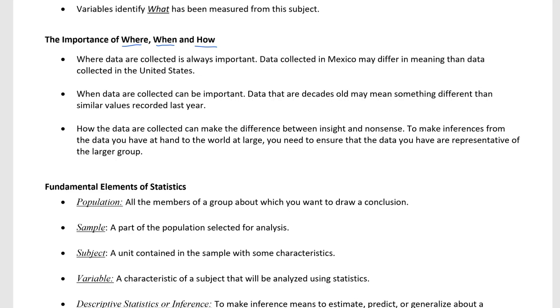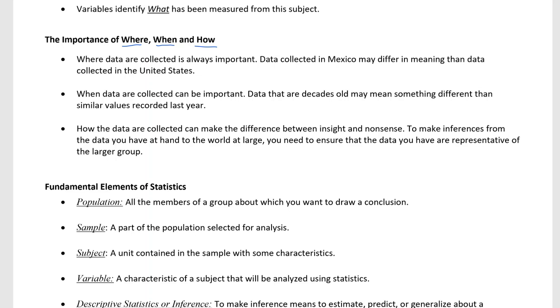For example, if I want to know the average yearly income of United States citizens, and you didn't give me this information about where you collected it, can I use the data collected in Mexico as our report for the United States?